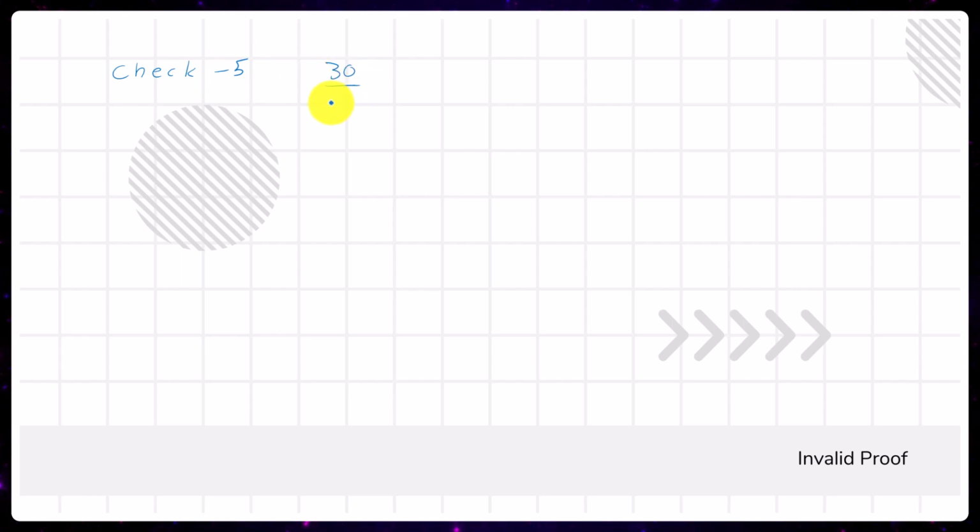So 30/(-5)² + 21/(-5) = -3. And then again, simple steps. 30/25 - 21/5. Then again, I brought this minus sign here. So equals -3.